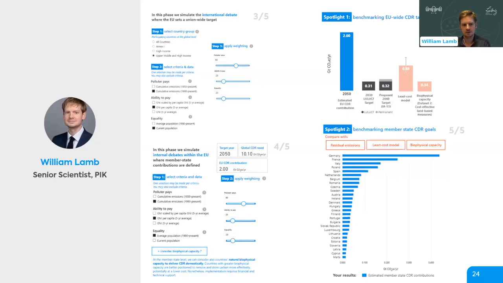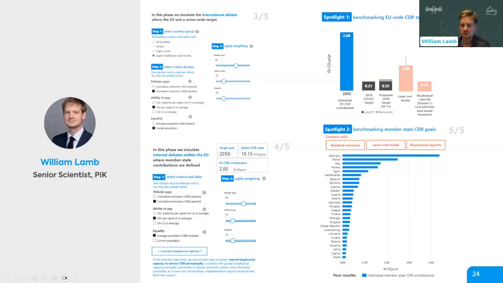So right now, there's a lot of what we call conventional CDR, which is efforts like afforestation, reforestation, what Sophia said, nature-based solutions. You could think about options like peatland restoration, ecosystem restoration, forest management, and so forth. These were all relevant for that, and they can be implemented relatively quickly and in the short term.